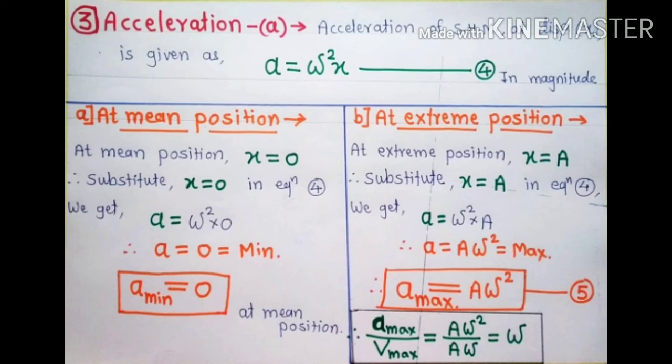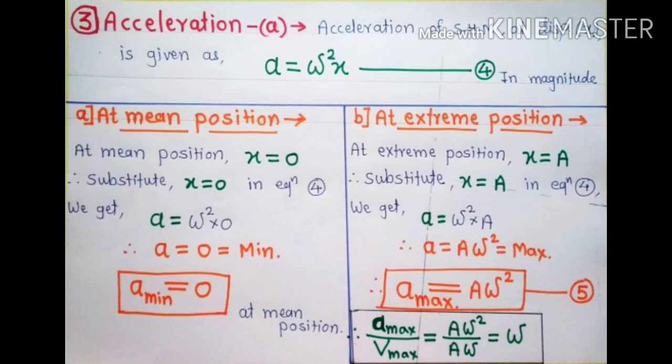We know at mean position the displacement x is equal to 0, and therefore substitute x is equal to 0 in equation 4. Then we get a is equal to omega square into 0.